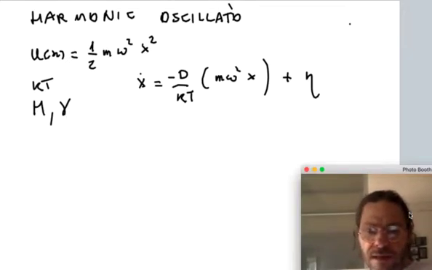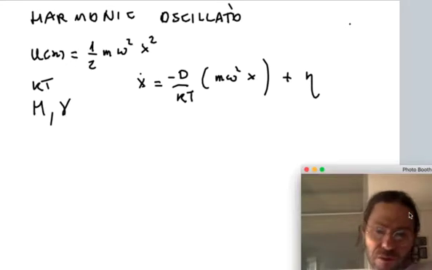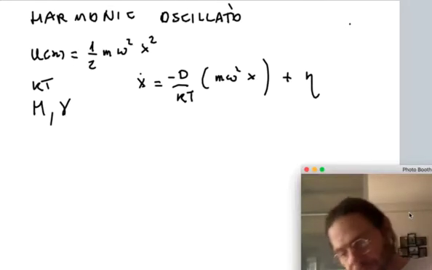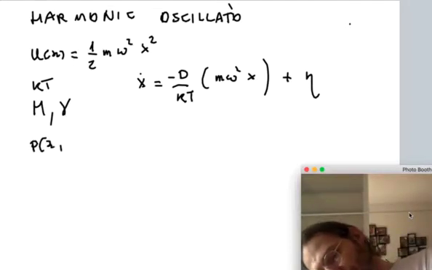That's fine. We can, of course, derive the corresponding Fokker-Planck equation for the probability distribution.